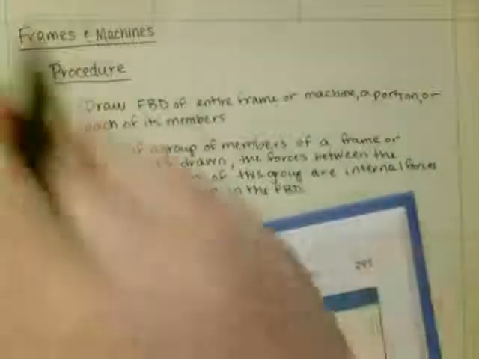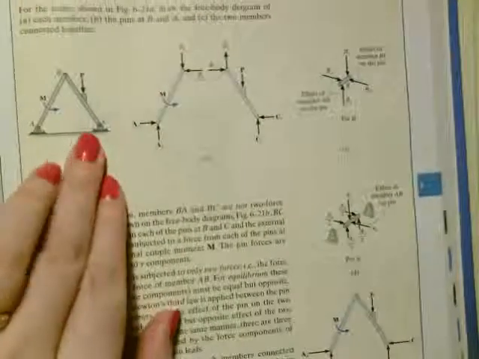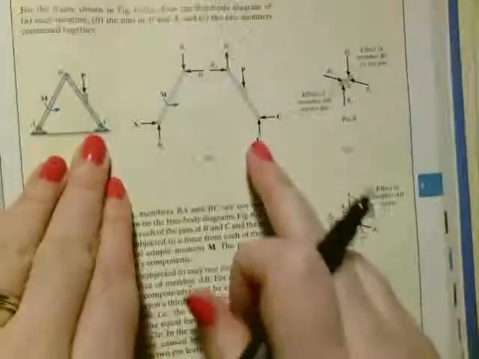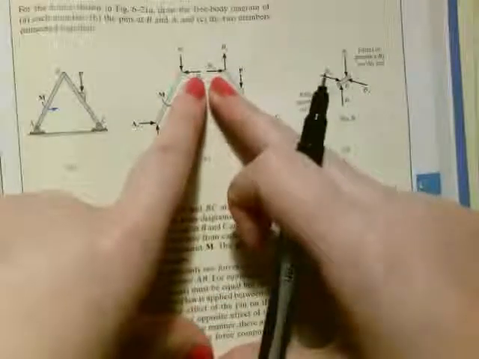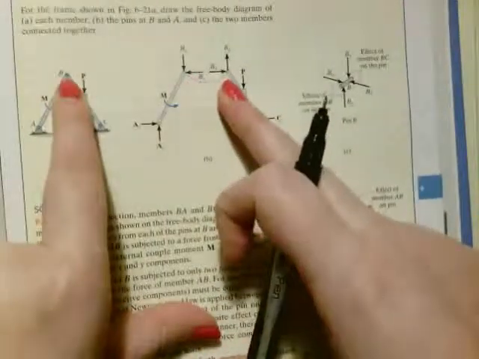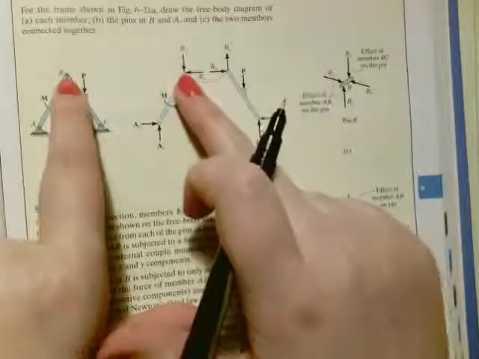So, this is a good example of that. You can see this is our frame, right? And when we do both the members, you see the forces at the connection at B, right? The pinned connection.